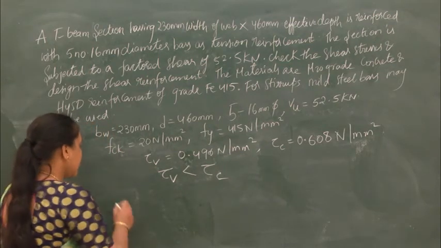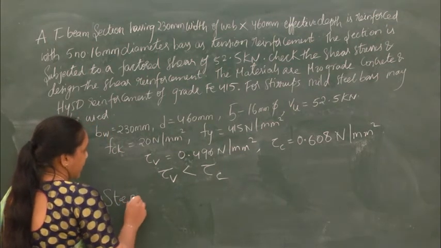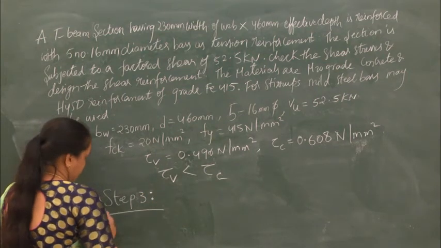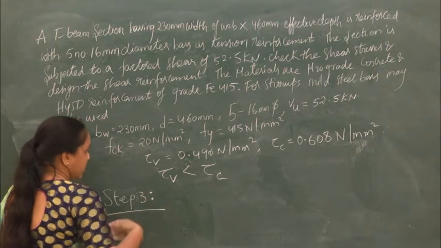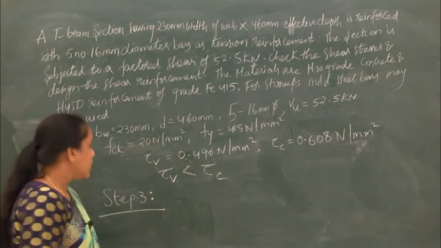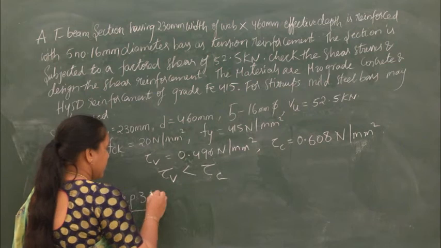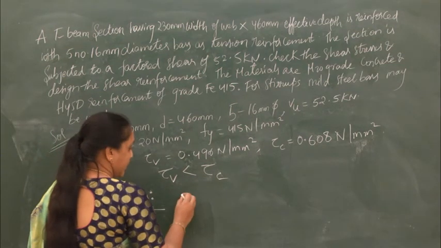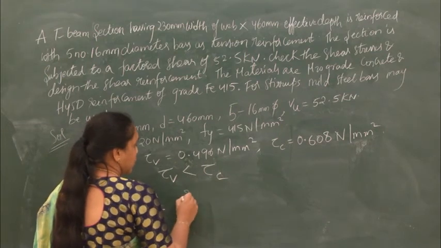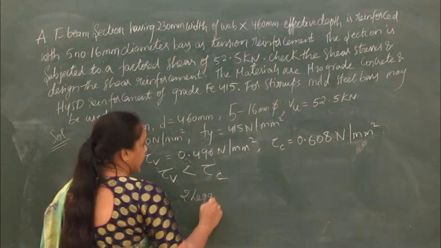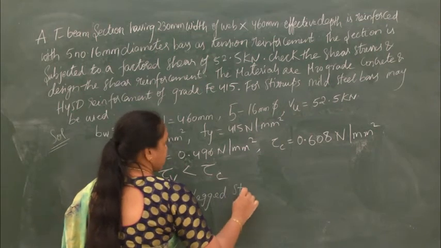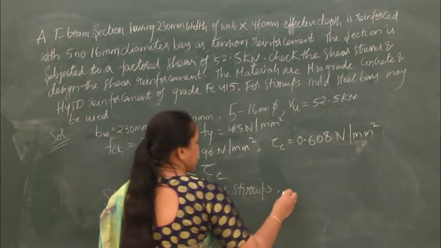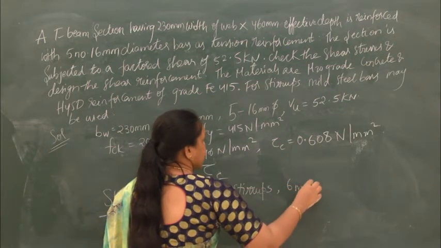The next step is to provide the minimum shear reinforcement. So I am providing two-legged stirrups of dia 6 mm.